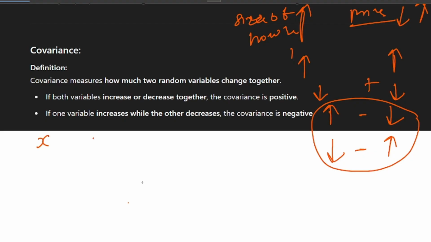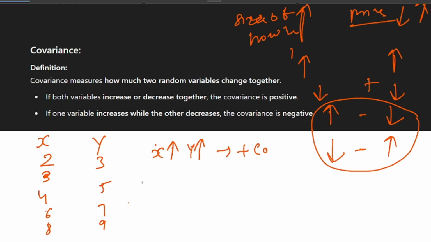Suppose there is an x variable and a y variable. Okay, so x is 2, 4, 6 and 8, and y is 3, 5, 7, and 9. So what is happening here? We will see if x is increasing, how y is reacting. If y is also increasing, then it is positive covariance, right?